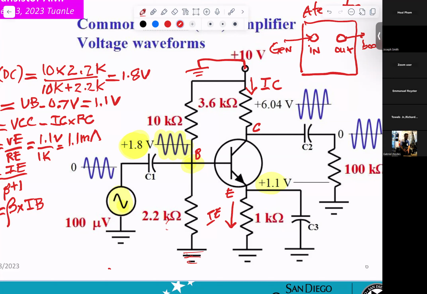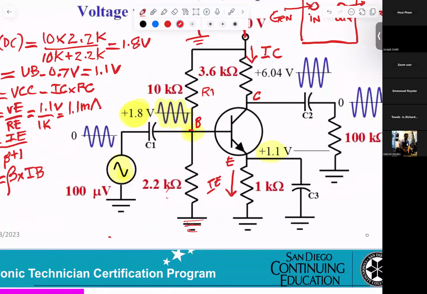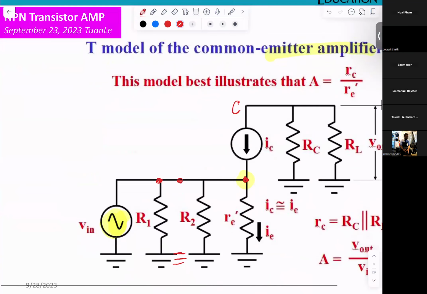So if you connect 10 volt to the ground, R1 here, one side goes to the base, the other side goes to the ground.